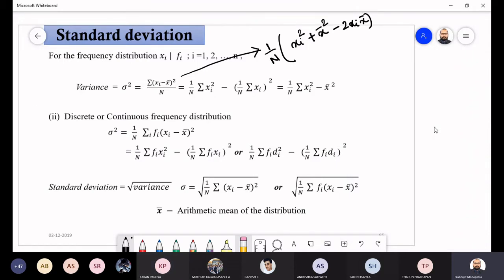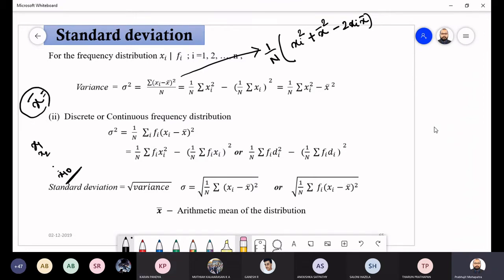Now tell me, is x bar a constant or a variable for a given data? For example, some 10 data are there, x1, x2, x3 up to x10. So for a given data, the mean is constant or will it vary?